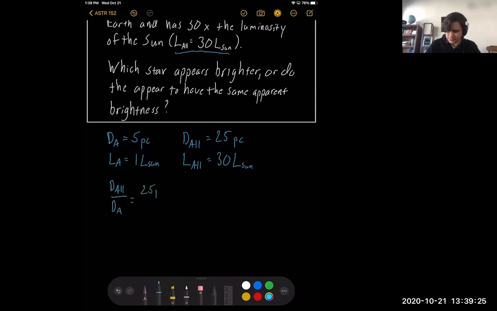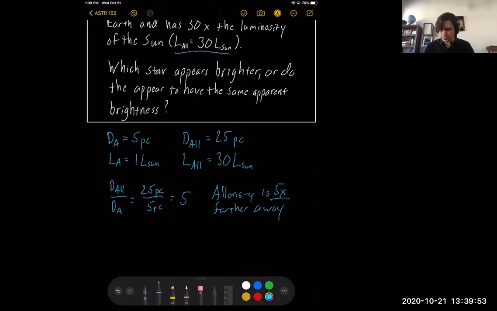So 25 parsecs divided by 5 parsecs. That's 5. So Alonzi is 5 times farther away. And now we've gotten exactly where we started in the previous examples. I just had to do a little bit of the legwork to figure out that it's 5 times farther away.